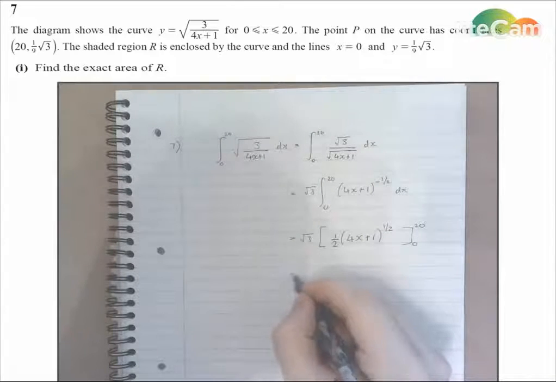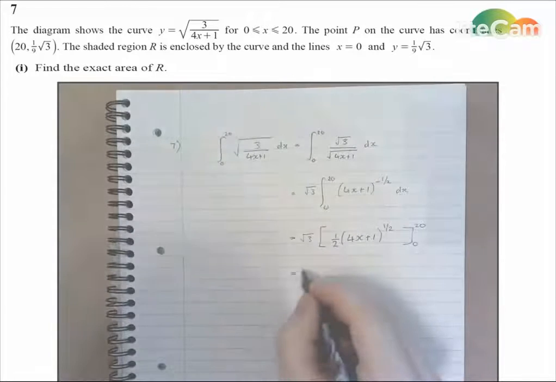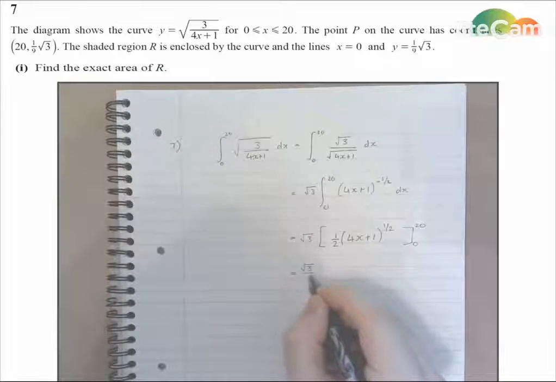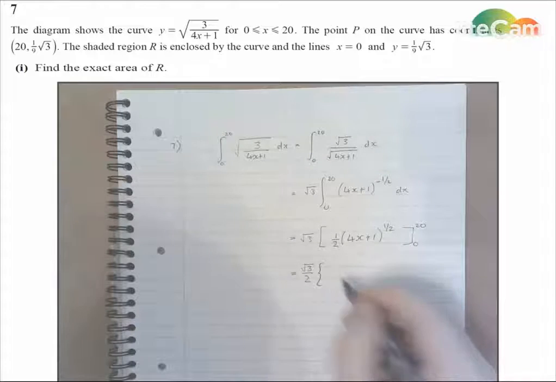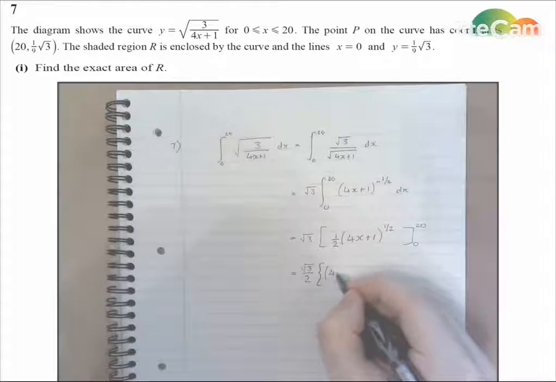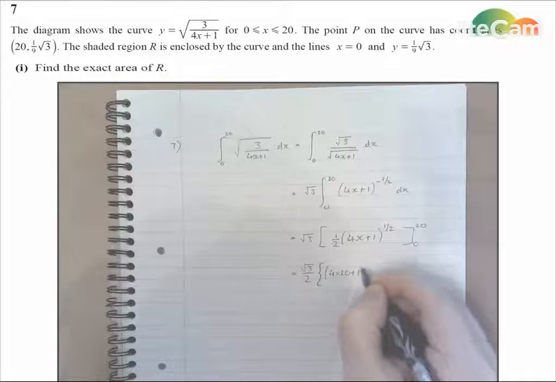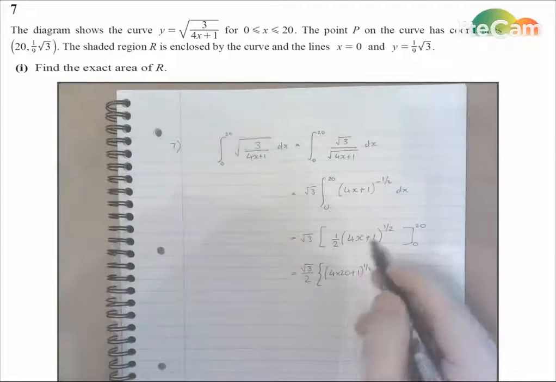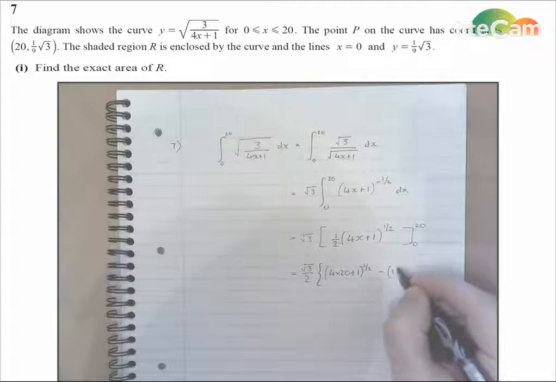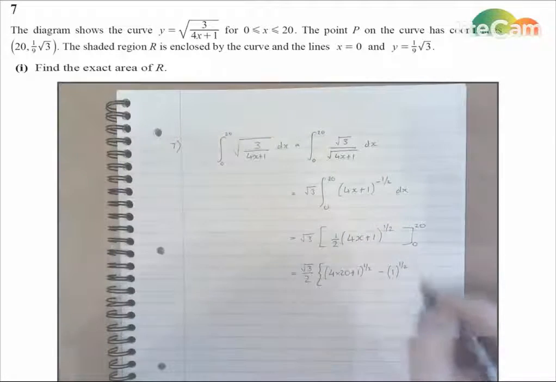So I'm going to bring this half outside my bracket again, so I've got root 3 over 2. Substituting in the limits now, I'm going to have 4 times 20 plus 1 to the half, which is just a square root, minus, when I put 0 in here, I end up with 1 to the power half.